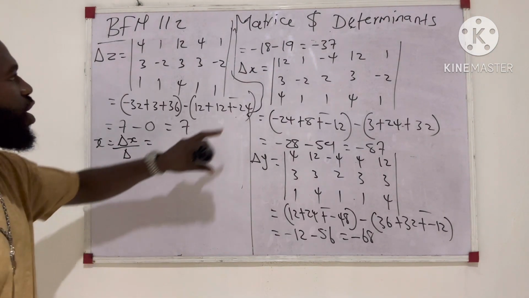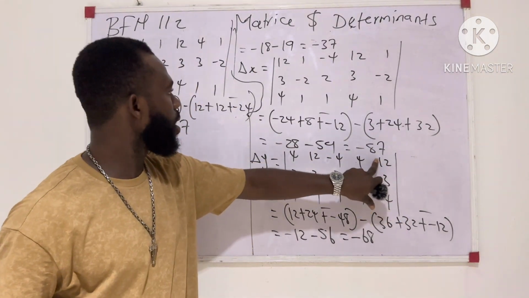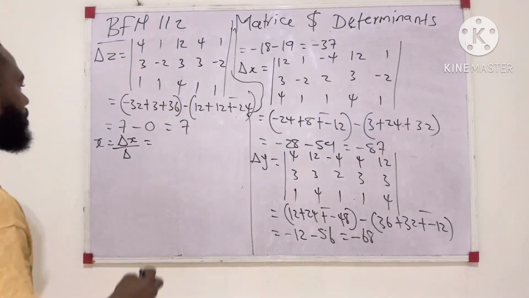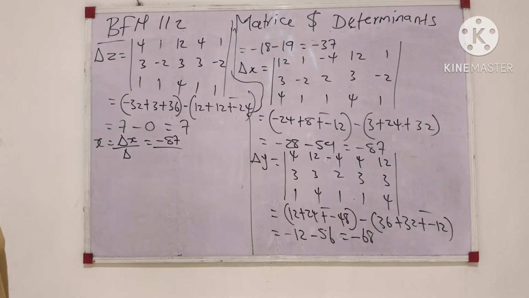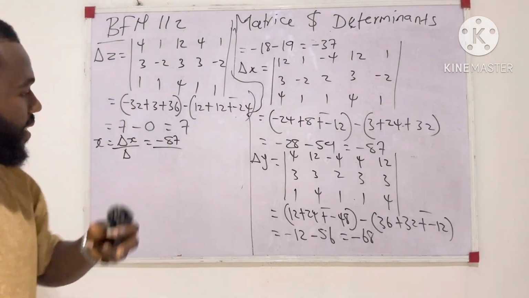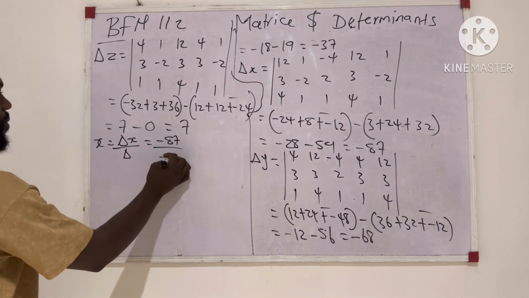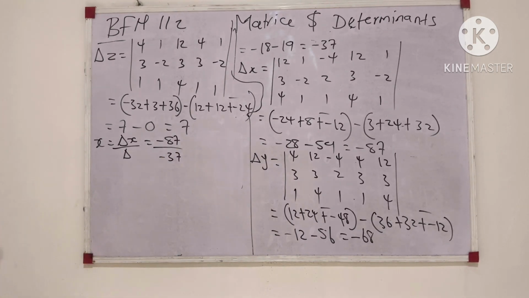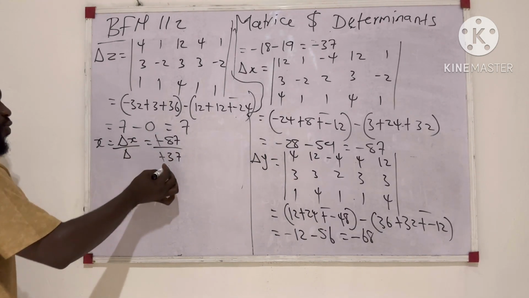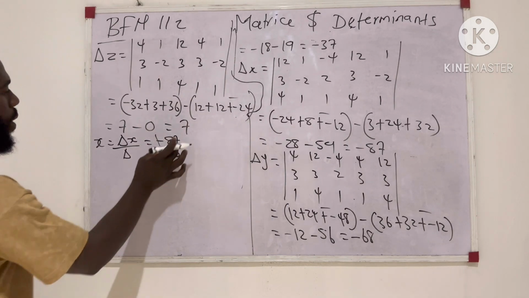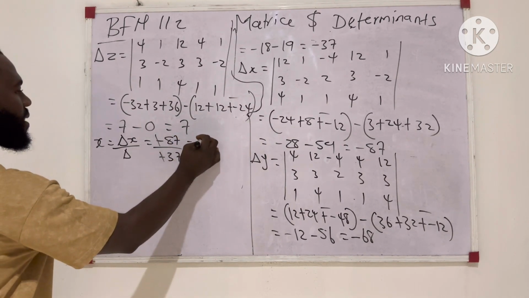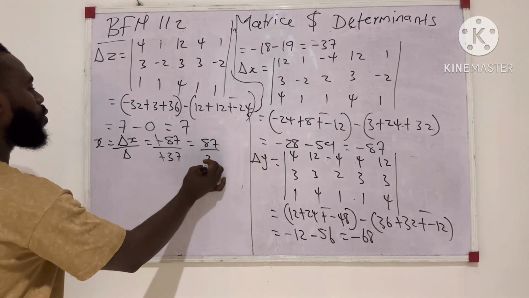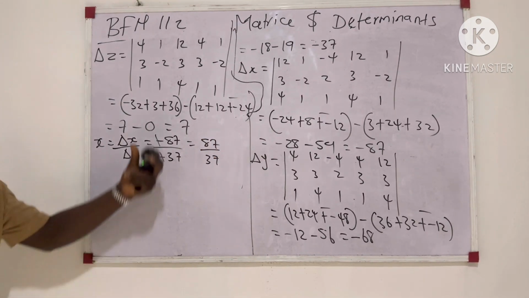Now, when we solve for change in X, we got minus 87. When we solve for change, we got minus 37. Alright, so now a minus should cancel out minus. Okay, now we have 87 and we have 37. What do we have as our answer there? 87 over 37. Because nothing can cancel out.